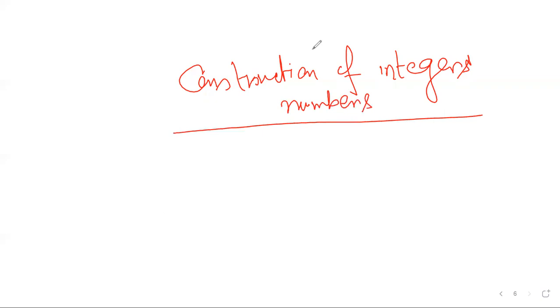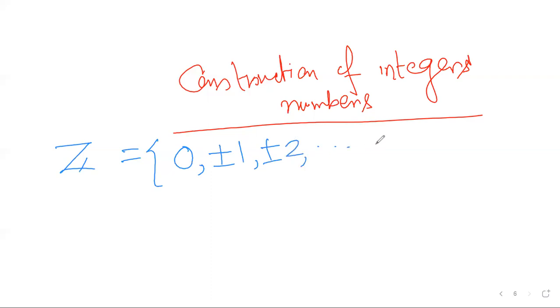First, what is our integer number set? We denote the integer number set by Z, and it is the collection of 0, plus minus 1, plus minus 2 and so on, right? So we want to construct this set by a set theoretic method. We will use the equivalence relation and the equivalence set concept to construct this Z.